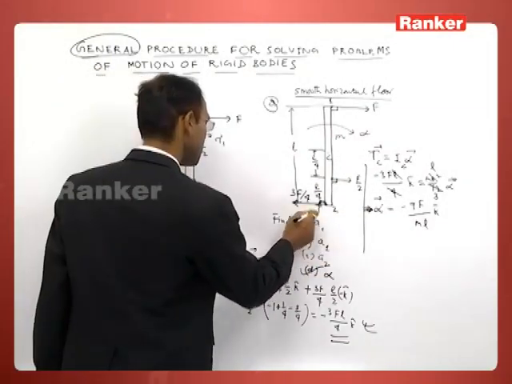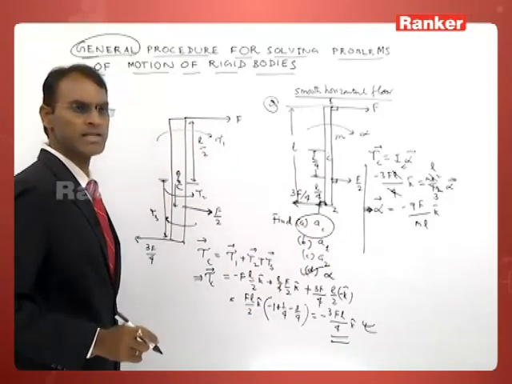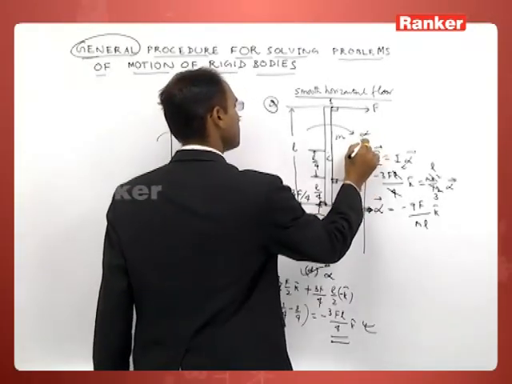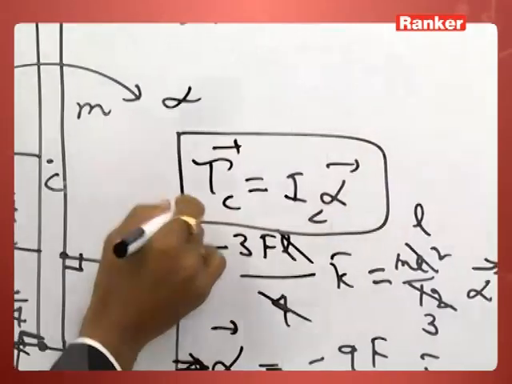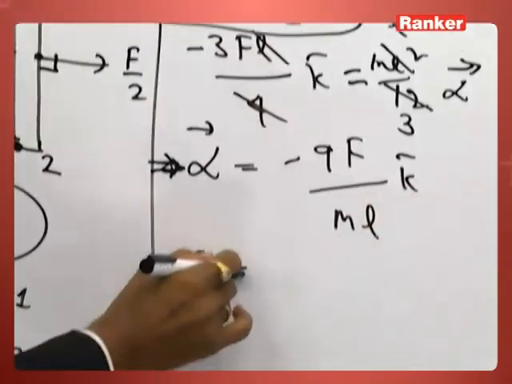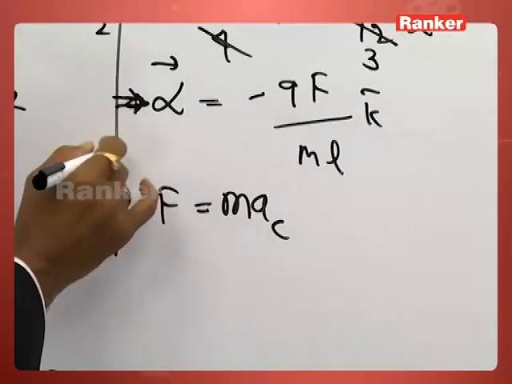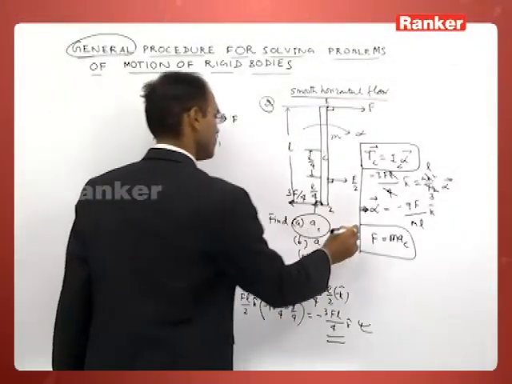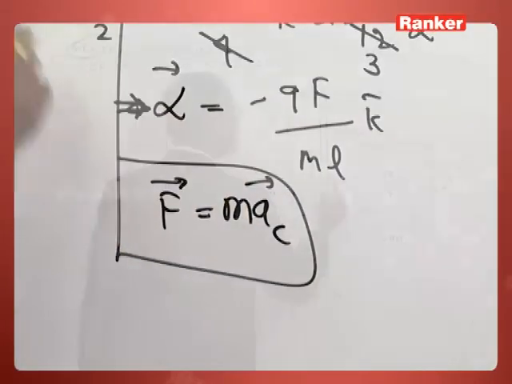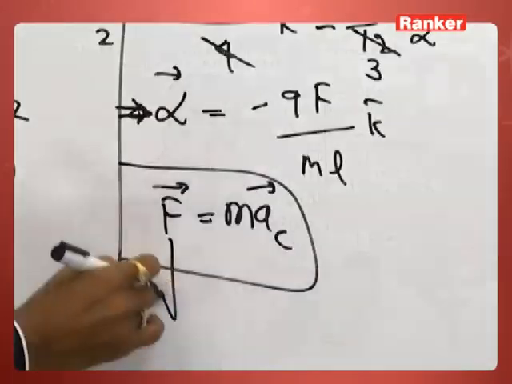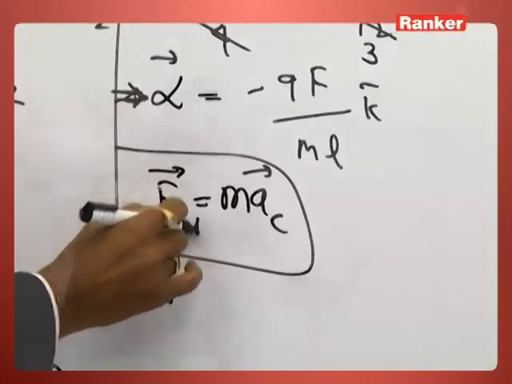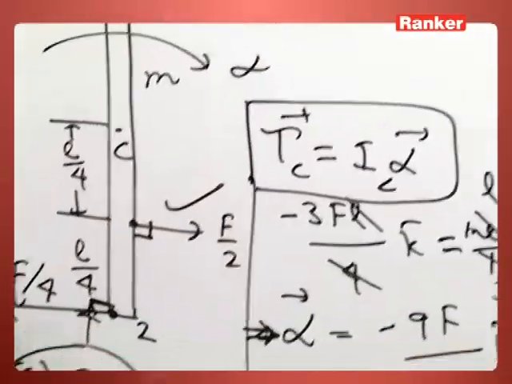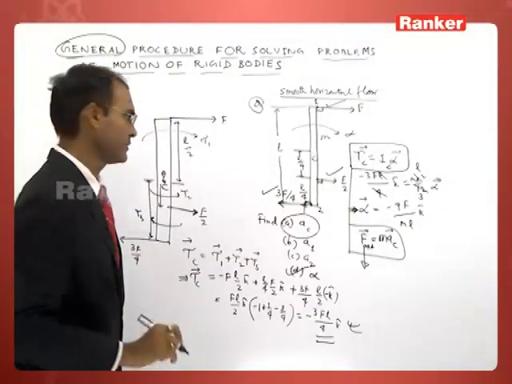Now we can calculate the center of mass acceleration by using the law of translation. F is equal to M into A c. The net force is equal to this force plus this force plus this force, vectorially.